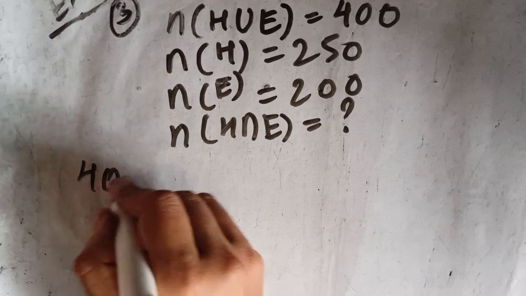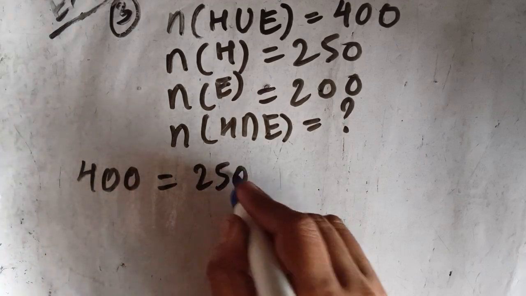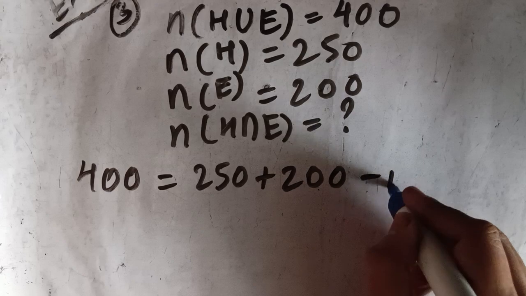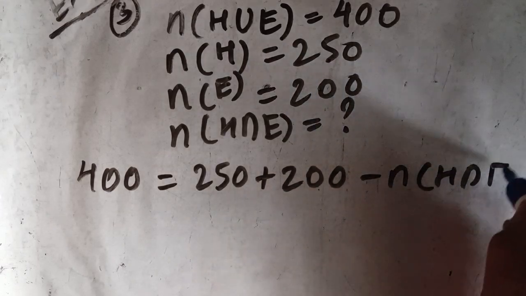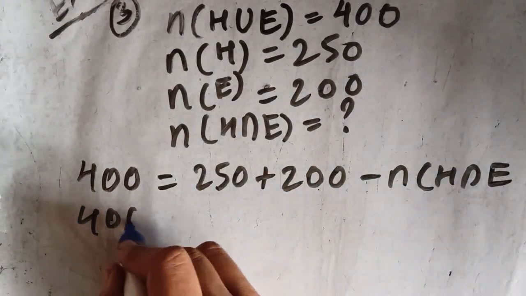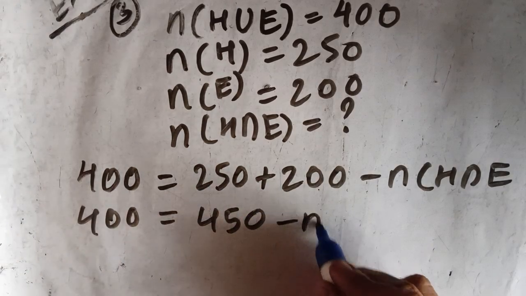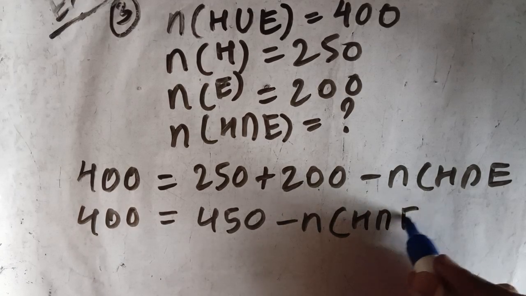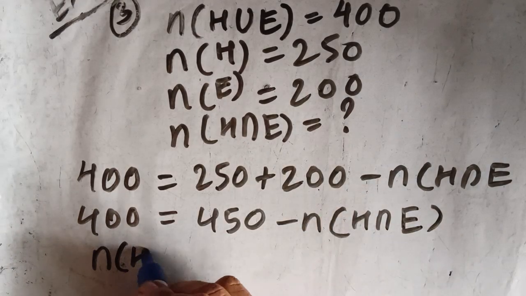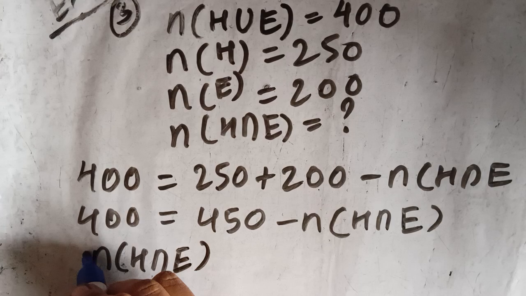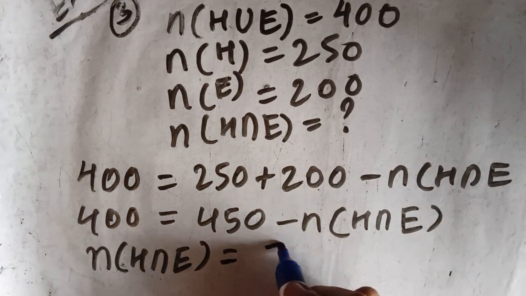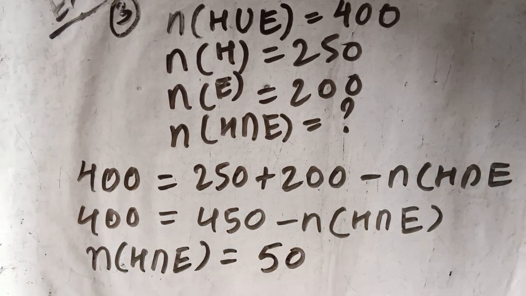So 400 equals 250 plus 200 minus the intersection. So the number of elements in the intersection is 450 minus 400, so 50. Next question.